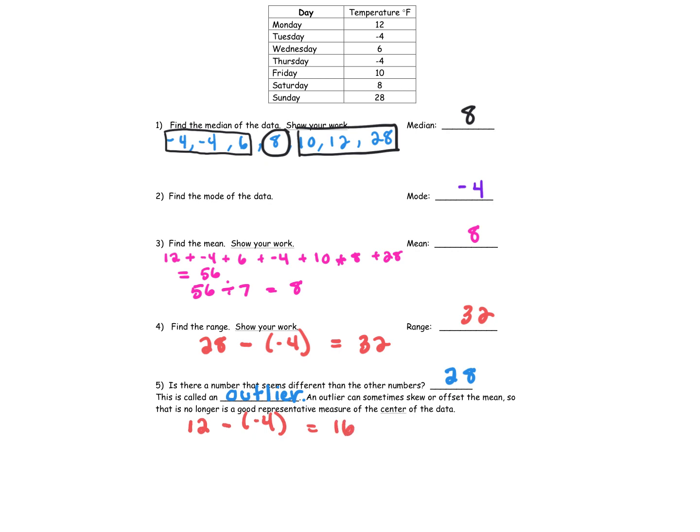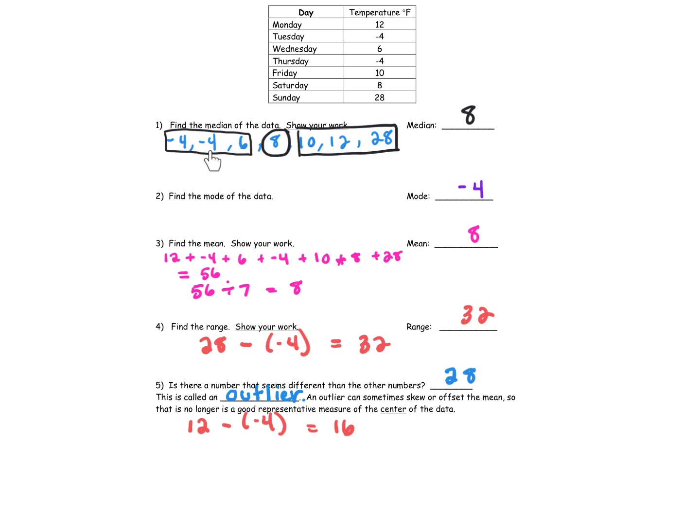There's only a spread of 16 degrees, and that's less than half of the range when we include the outlier. So that's a big difference. So if we didn't include the outlier, our median would be much different. And you can see from the first 7 days, the temperature was well below 28.